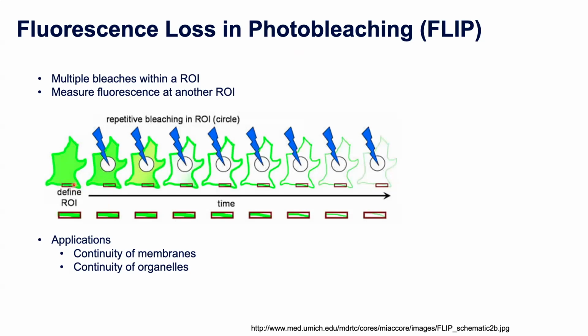So here we might measure the intensity on the membrane while we're bleaching in the middle of the cell. So we're trying to look at the connectivity between the membrane and the cell. Okay, so we're continually bleaching that spot, reducing the fluorescence in the cytoplasm. How does that affect the membrane staining? Is there a connectivity between those two compartments?